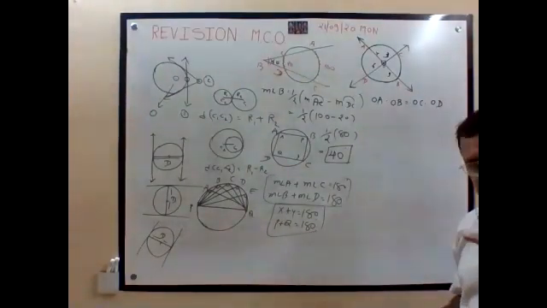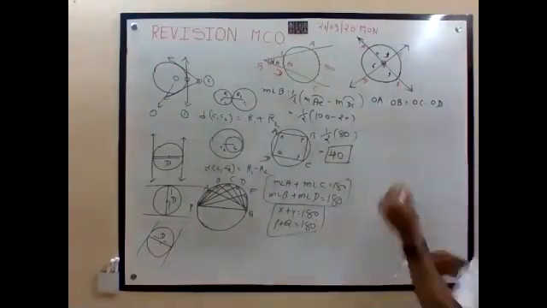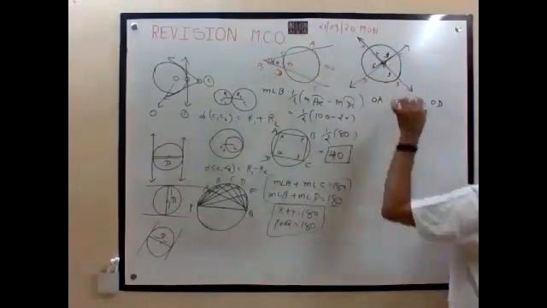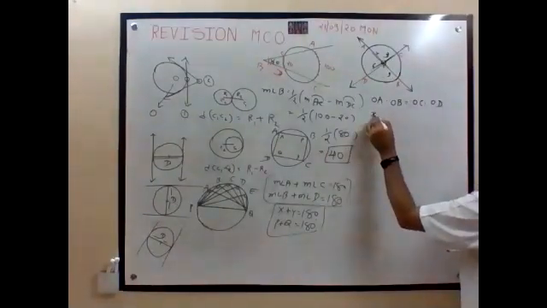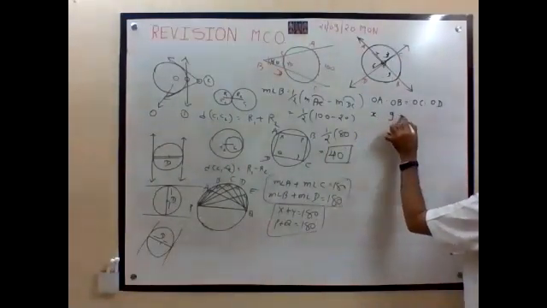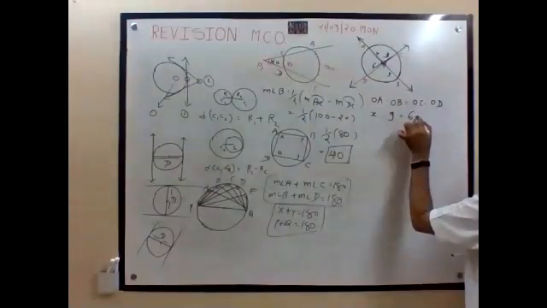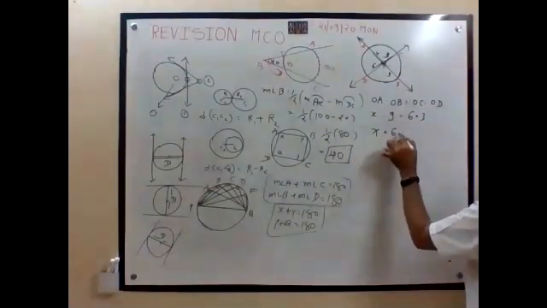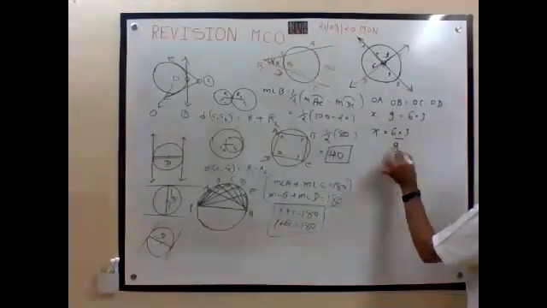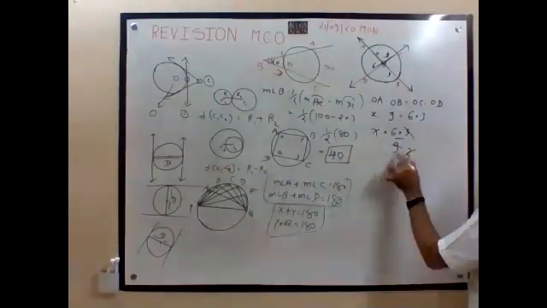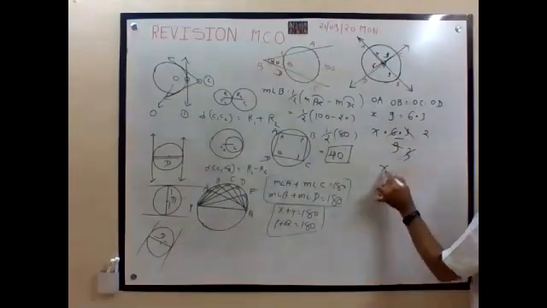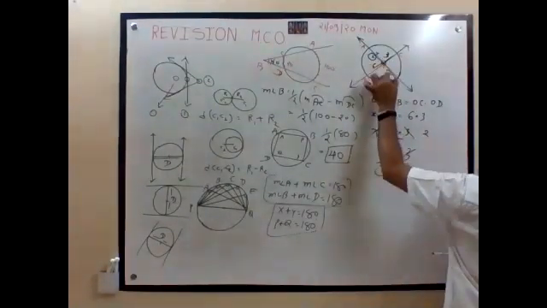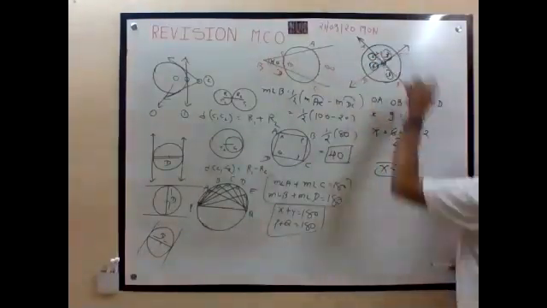Product of two segments on the same line. So x into 9 equals 6 into 3. 9 goes down. So x is equal to 6 into 3 by 9. 9 twos are 18, 6 threes are 18.